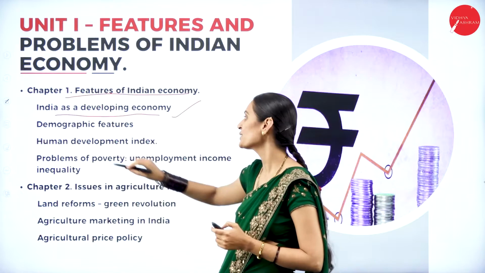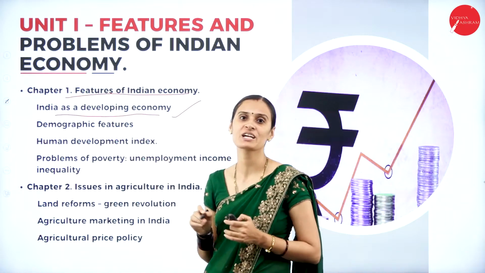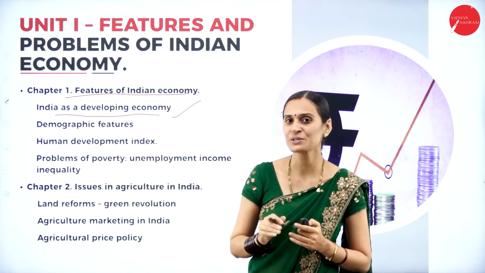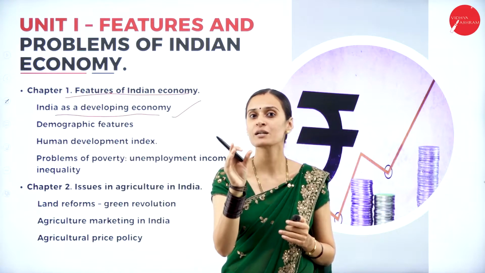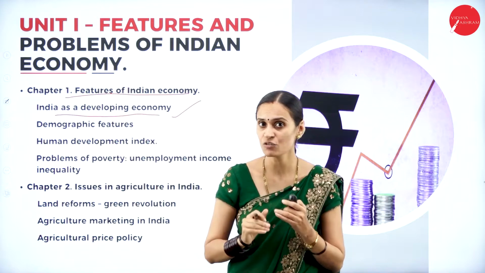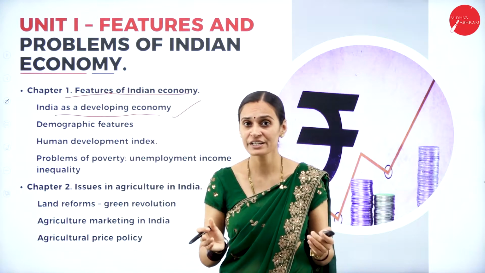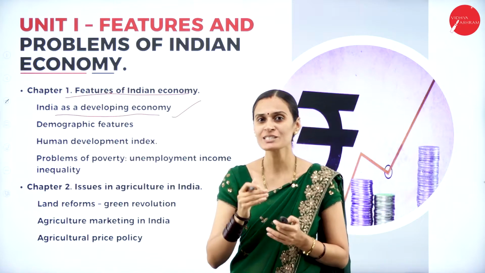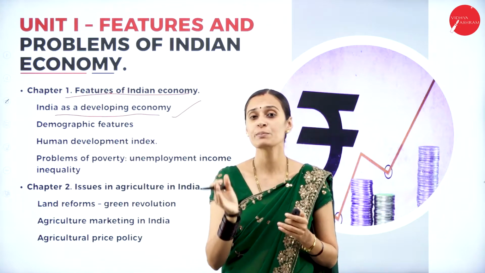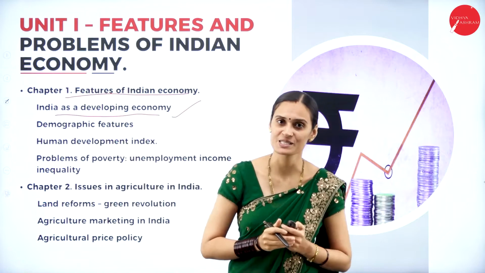And next, yes, what are the demographic features of the Indian economy? Here we are going to discuss trends of age composition, then rural and urban area distribution, density of population, then mortality rates, infant mortality rates, life expectancy rates. So these are all different content belonging to demographic features.